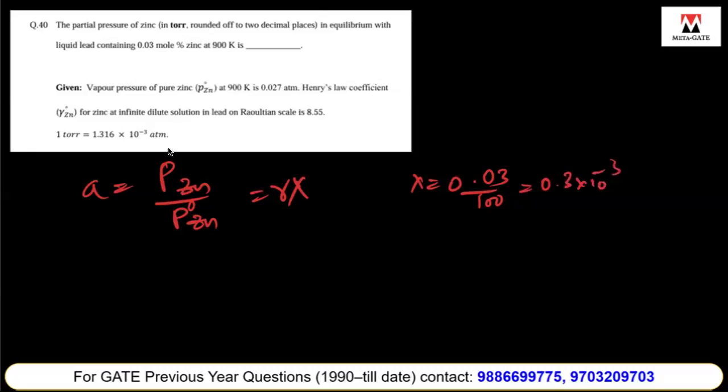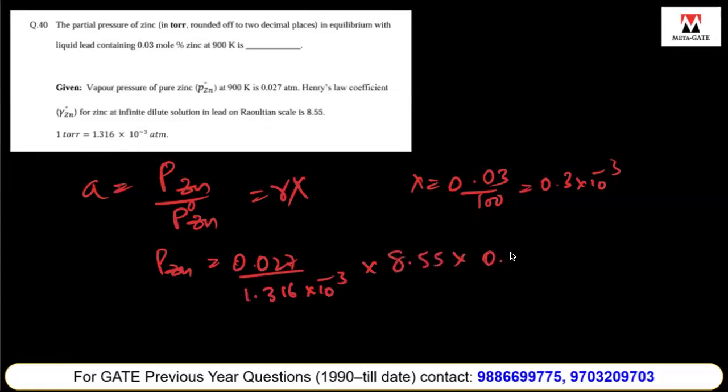And again, we need to find P zinc. So P zinc is equal to P naught zinc, which is 0.027. We can convert atmosphere in terms of torrs. So 0.027 atmosphere is 0.027 by 1.316 into 10 power minus 3 torrs, into gamma naught, given as 8.55, into mole fraction, given as 0.3 into 10 power minus 3.